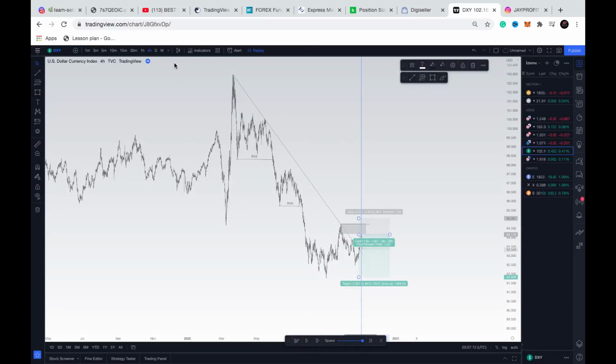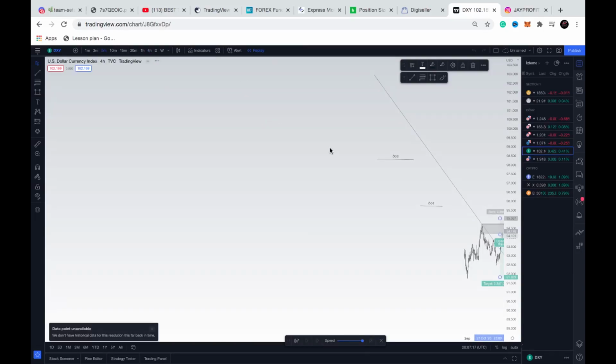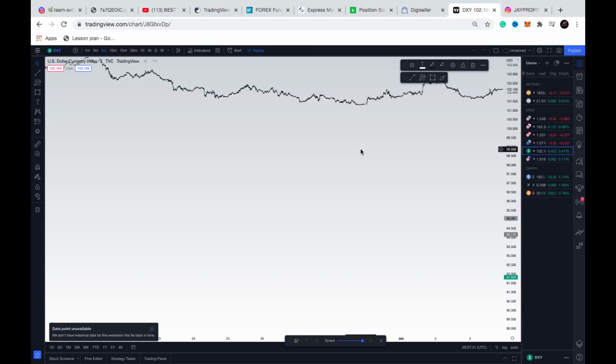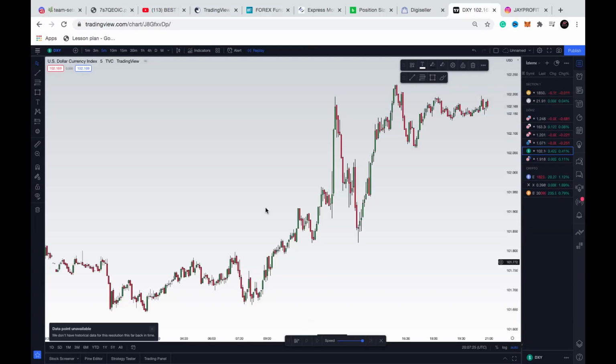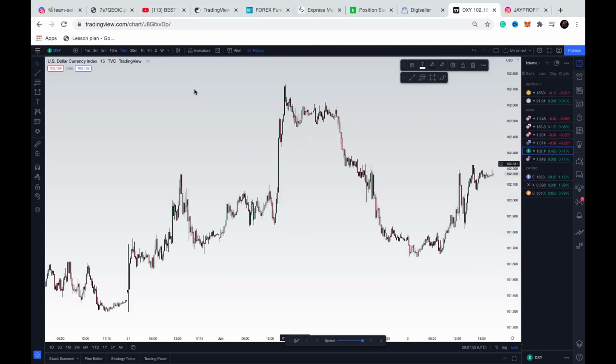Let me look for actual confirmations. I'll scale down to like a 5 minutes time frame or 15 minutes time frame. I think I can go back to that particular area, right?